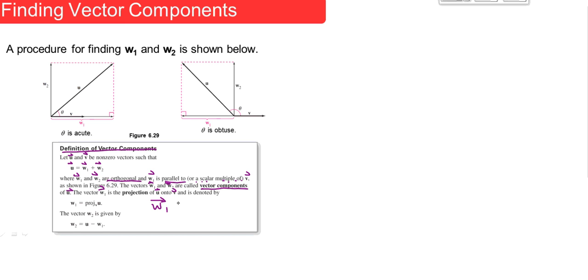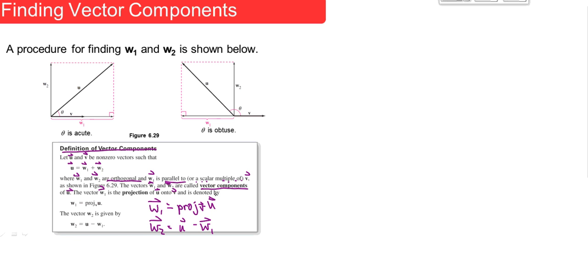So w1 is equal to the projection, so we write proj, of u onto v. So it's v that goes way down in there, and it is denoted by this. And w2 is u minus w1, and that should make sense because they add to be u, so w2 is vector u minus w1.